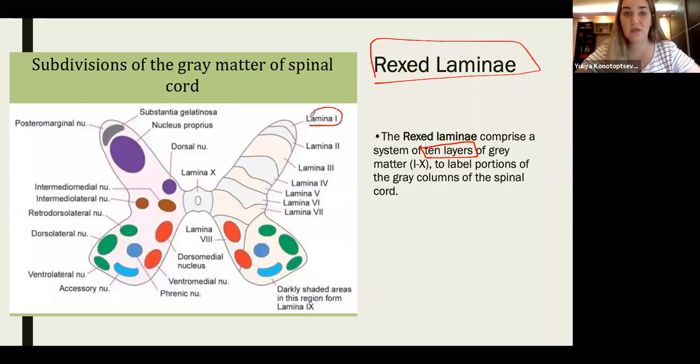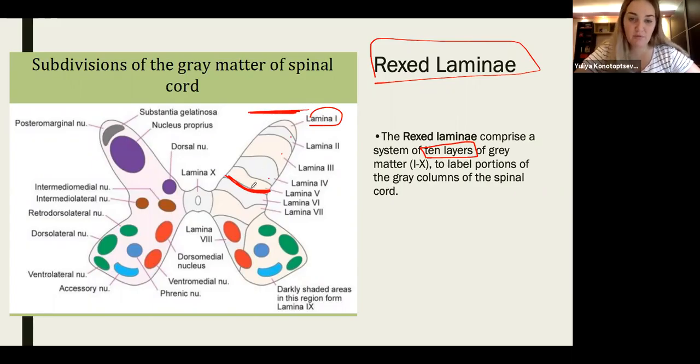Lamina 1 is the most posterior. So let's take a look at the general organization, right? This is lamina number 1, lamina number 2, number 3, number 4. So 4 goes until here approximately, according to our university. Which laminae are present in the dorsal or posterior horn?